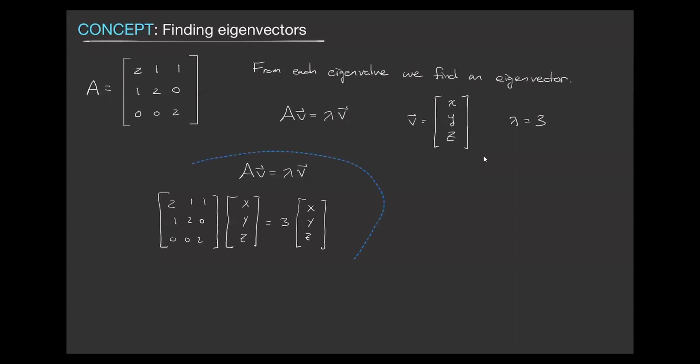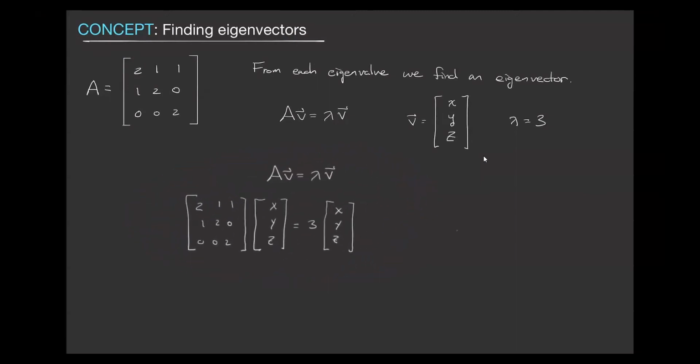And now if we multiply all that out, which I'll move over a little bit, actually, let me put a dividing bar. If we multiply all this out, what we end up with is, let's see, 2x plus y plus z, and then 3x. Then we have x plus y. Then we have 3y.